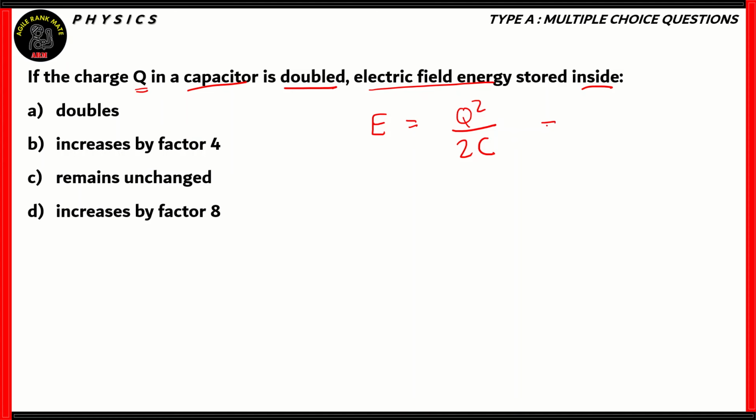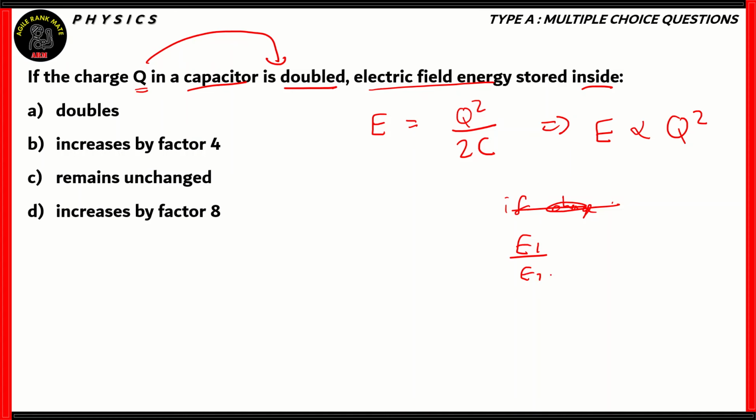So therefore, in this equation, we can see that the electric field energy is directly proportional to the square of the charge Q. So if the charge Q is doubled, let's write that down as an equation, as a ratio. So E1 over E2 will be the same thing as Q1 squared over Q2 squared.